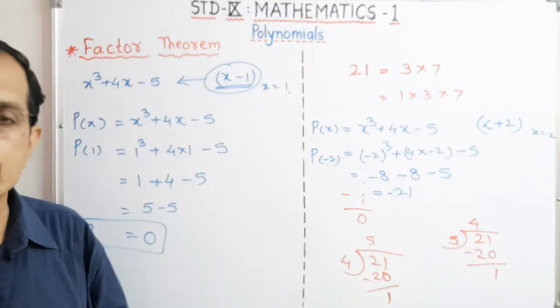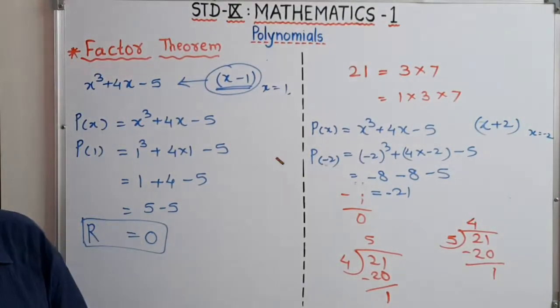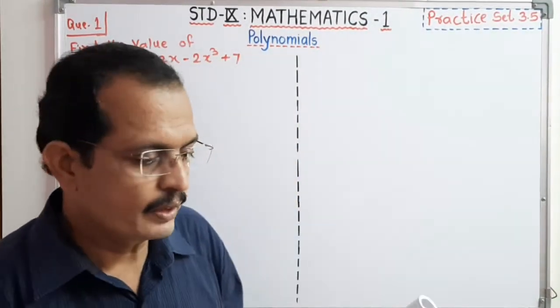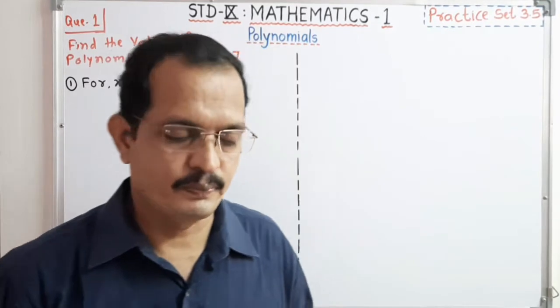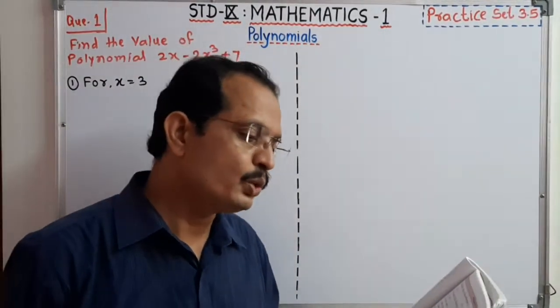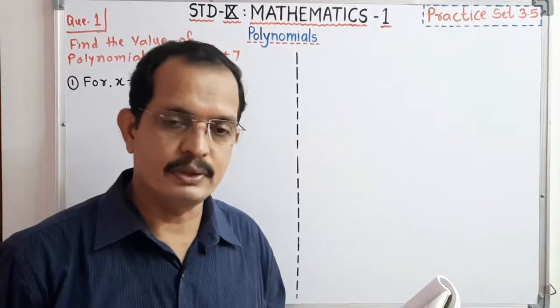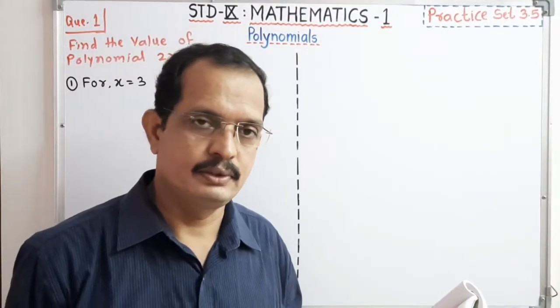Now, dear student, we have to start with practice set 3.5. Dear student, practice set 3.5, question number 1. Find the value of the polynomial 2x minus 2x cube plus 7 using given values for x.